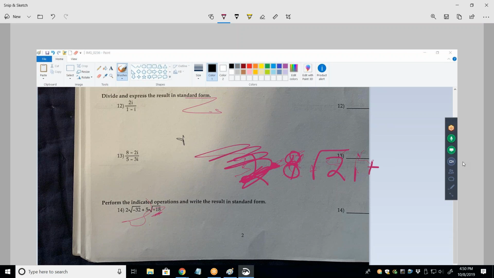So that'd be 15 square root 2i. Now I got apples and apples. So what's the final answer? So this would be 23 square root 2i.